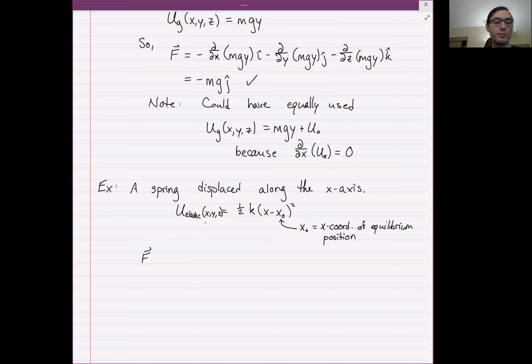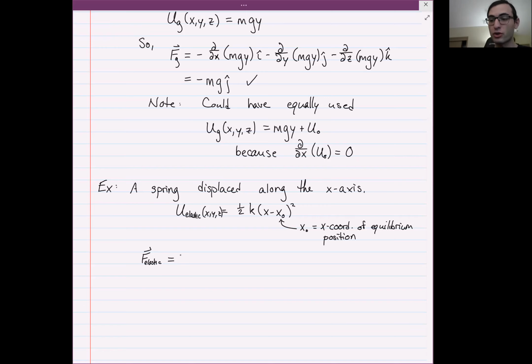All right, so let's take the partial derivative and find the elastic force. Now that should be a sub g up there. So this is what the elastic force would be for a spring that has equilibrium position along the x-axis and is stretched along the x-axis, or compressed.